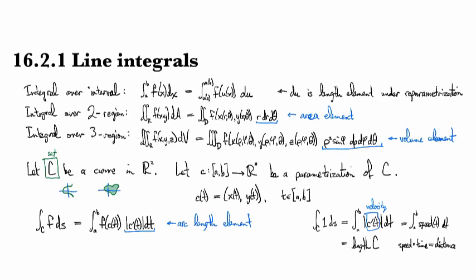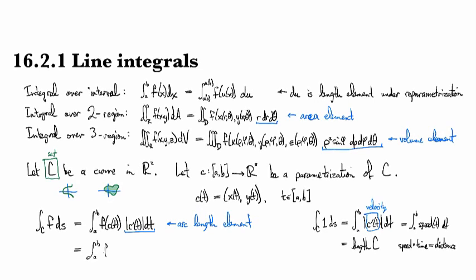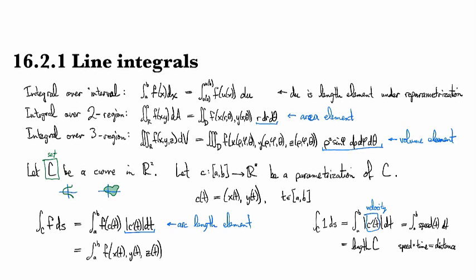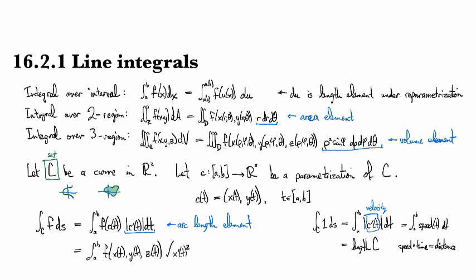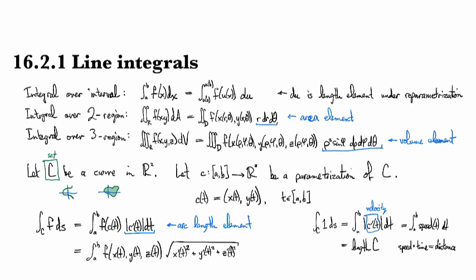So this is our setup, and so when we write it out, it's going to look like the integral from a to b of f of x of t, y of t, z of t, and then we've got the whole formula for the speed here. So x prime squared plus y prime squared plus z prime squared, and then we take the whole stinking square root dt. So that's the whole thing.